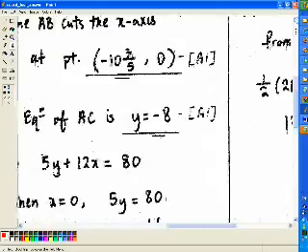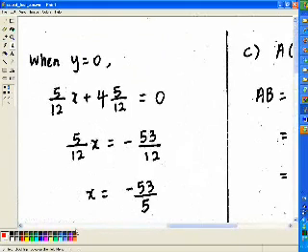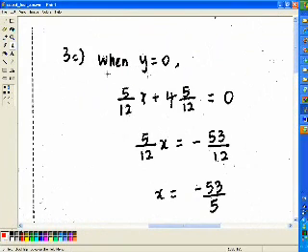So because you have found the equation earlier, you put y equals to 0 into the equation. y equals to 5 over 12 x plus 4 and 5 over 12. Okay, that is your equation. Then you simplify this, your x on one side, your number on the other side.